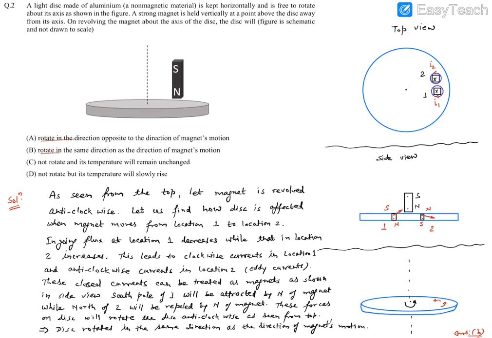So these free electrons will move and induced current will be created close to the first position, and this induced current, as per Lenz's law, will oppose the very cause which has created it. The cause was that the field density at this location was decreasing, so it will oppose that decrease.